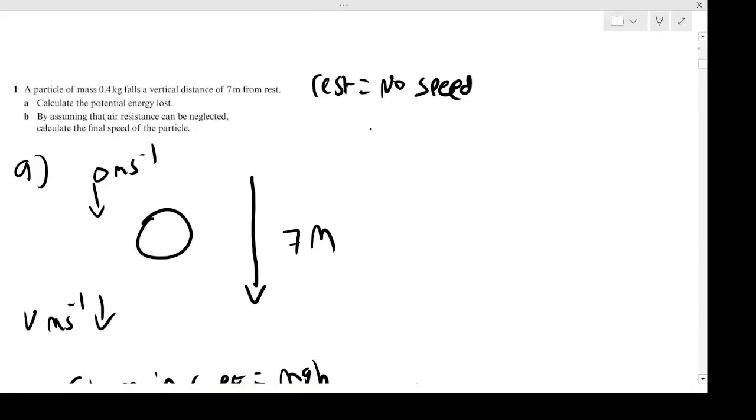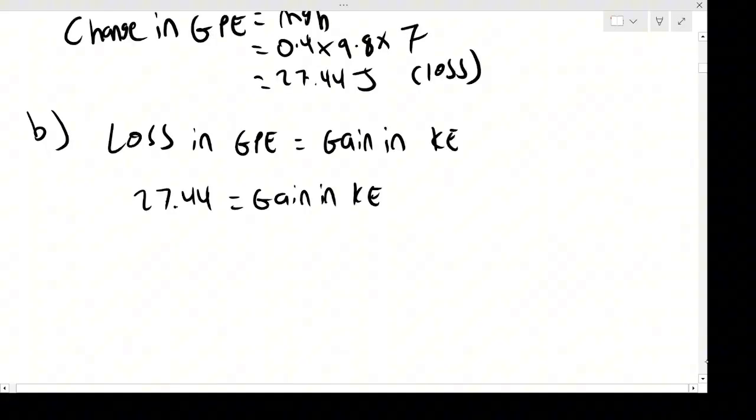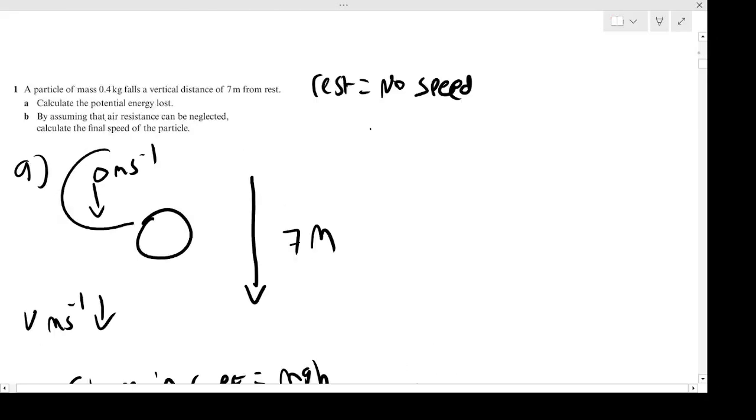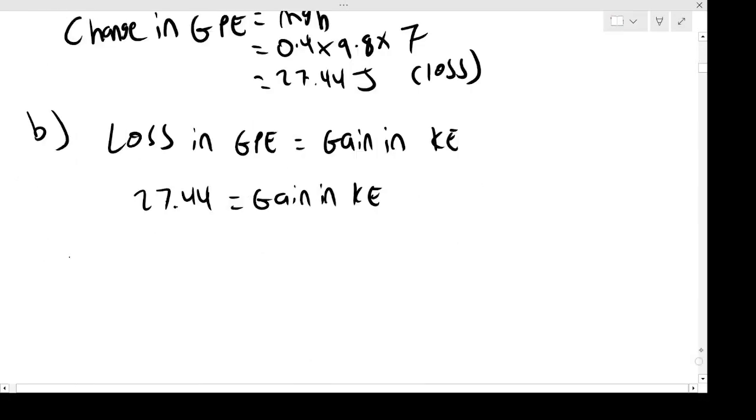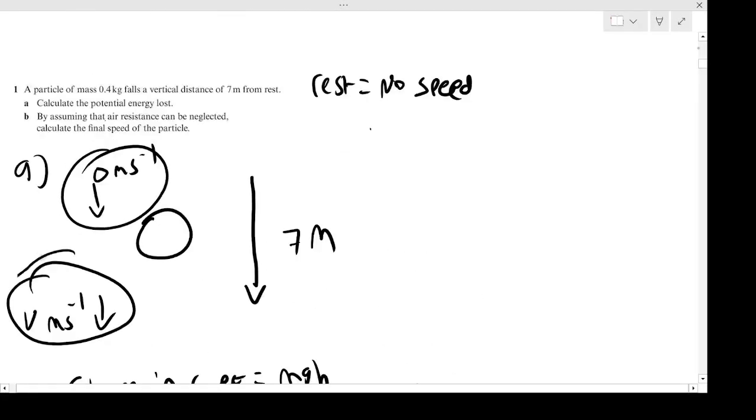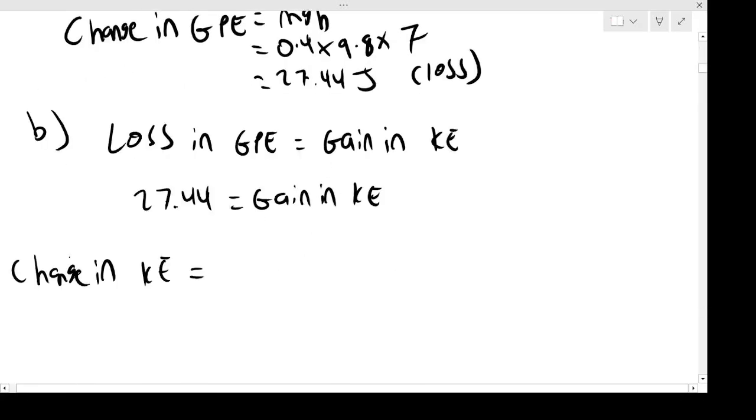It wants me to work out the final speed, which I'll call V. It's unknown, I want to work that out. I know what the gain in kinetic energy is. I can also work that out with these two speeds. The change in kinetic energy is going to be the final kinetic energy take away the initial.